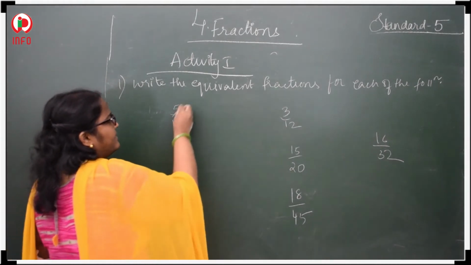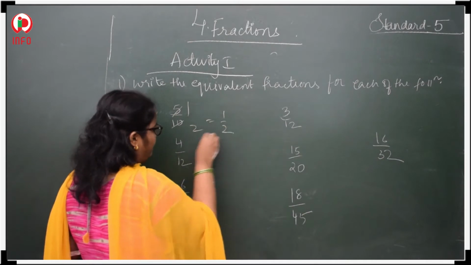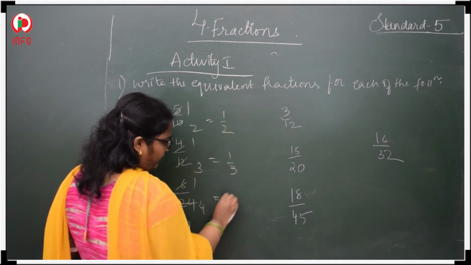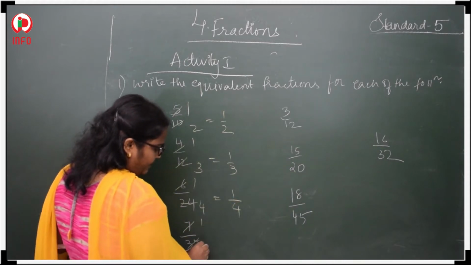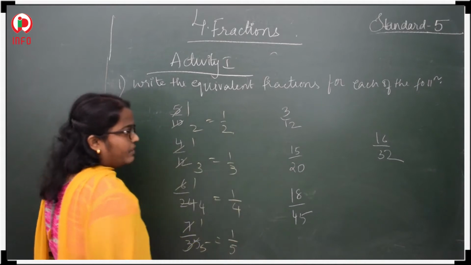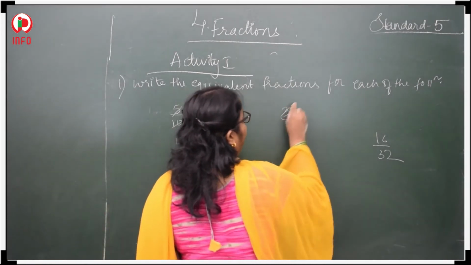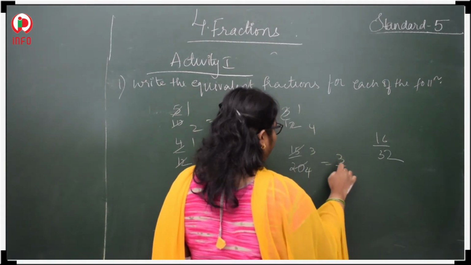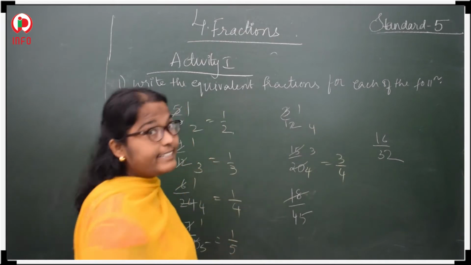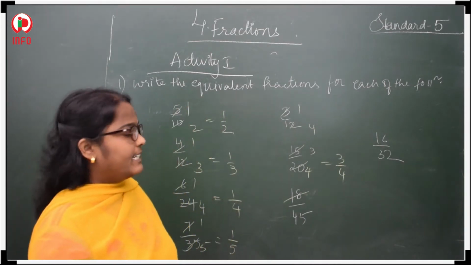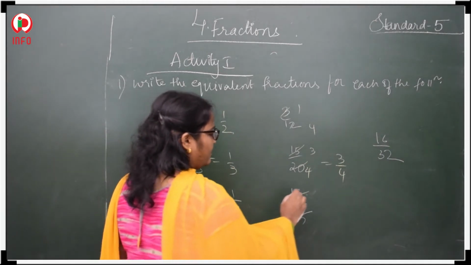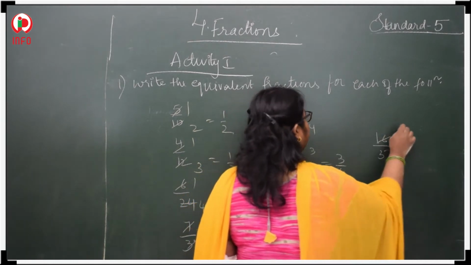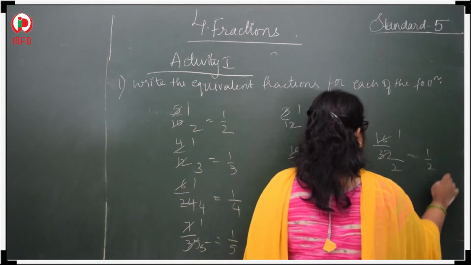So how much? 5 ones are 5, 5 twos are 10. 4 ones are 4, 4 threes are 12. 6 fours are 24, 1 by 4. 7 ones are 7, 7 fives are 35. 3 ones are 3, 3 fours are 12. 5 threes are 15, 5 fours are 20. 9 twos are 18, 9 fives are 45. 16 ones are 16, 16 twos are 32. Yes or no, children?